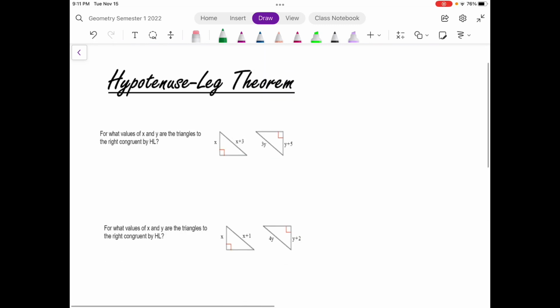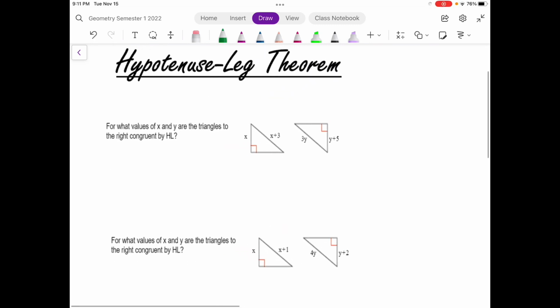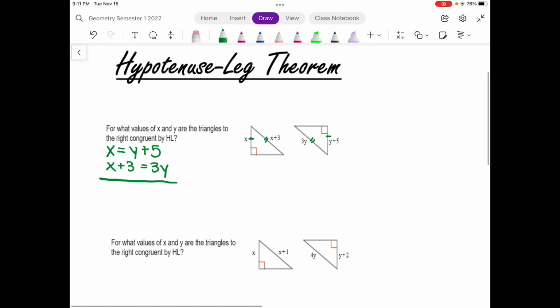All right. So with the hypotenuse leg theorem here, I know that the two sides must be equal to one another because they are congruent. And I know that the hypotenuses must be equal to each other. And now I have a system of equations. Yay, Algebra 1. We have worked on systems, so let's take a look here.